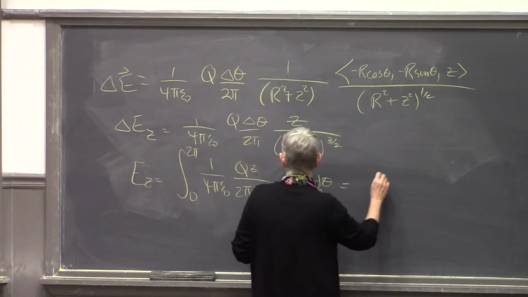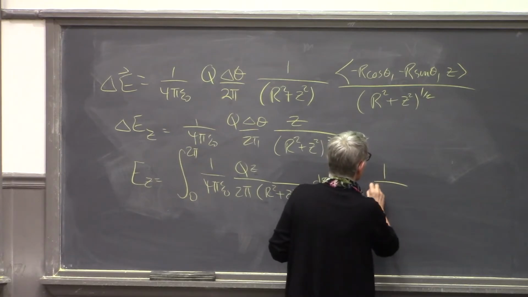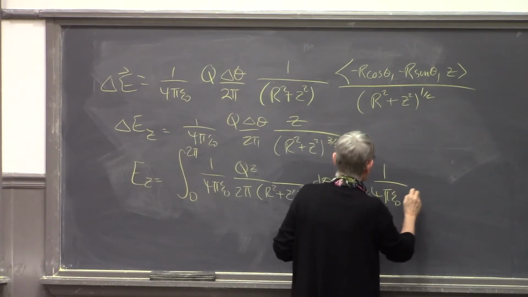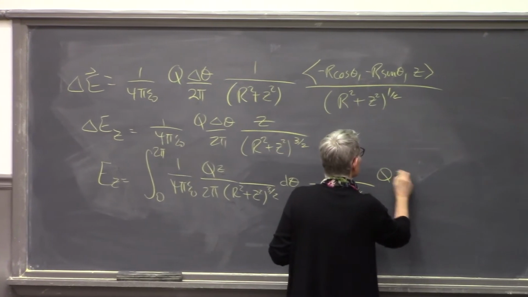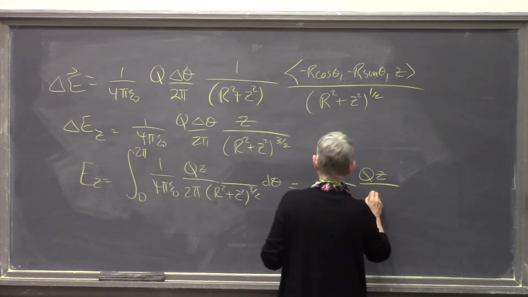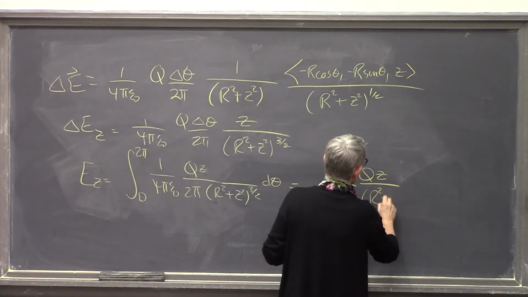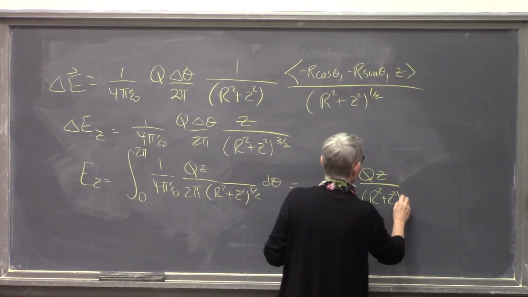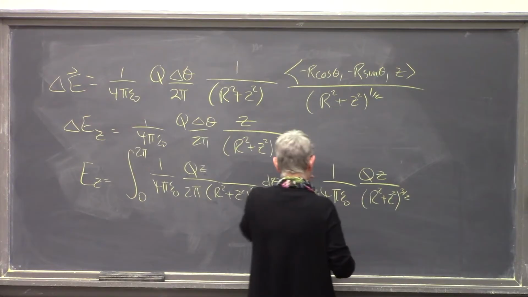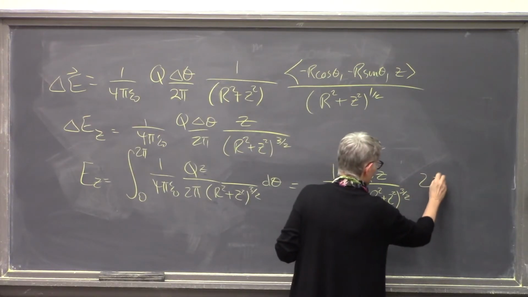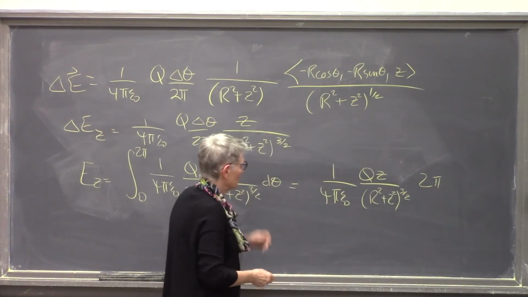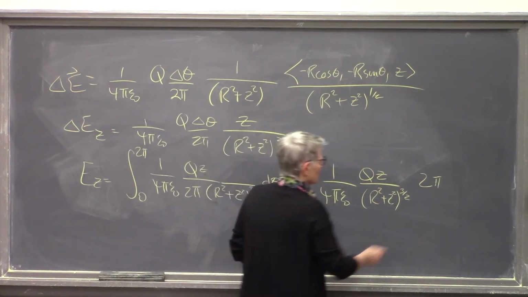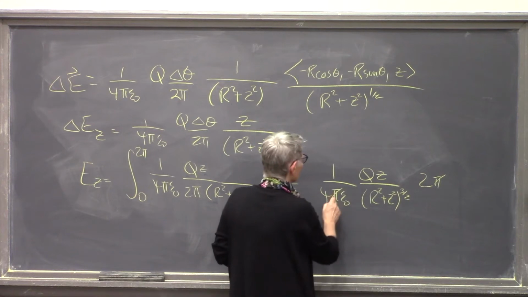So we've got a 1 over 4 pi epsilon 0 qz over r squared plus z squared to the 3 halves times 2 pi. So the pi's cancel.